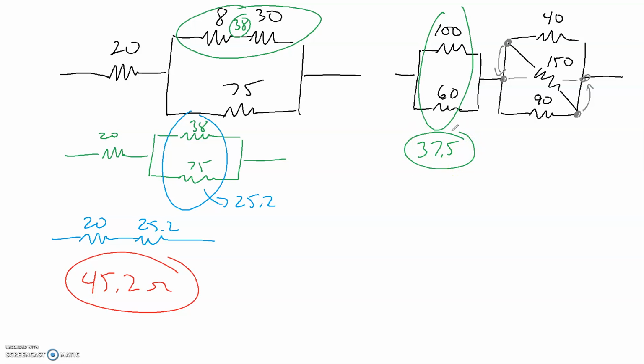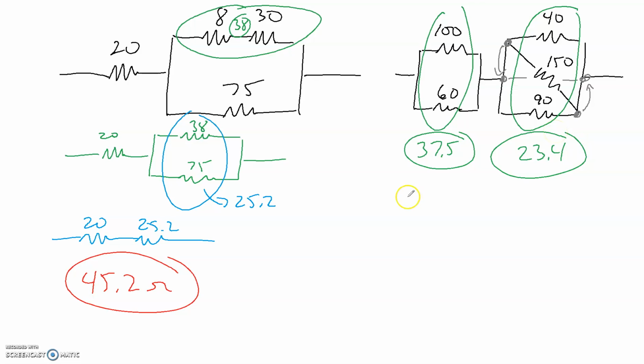Now I can do the exact same thing for these three, because these three are just in parallel with each other, so I can do the same type of calculation for those. So if I do the similar calculation, these three could be replaced with an equivalent resistance of 23.4 ohms.